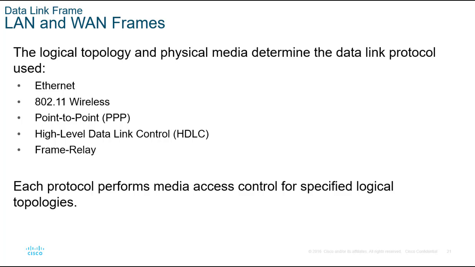The difference in bandwidth is usually what drives the use of different protocols for LANs and WANs. Layer 2 protocols commonly found in LANs are Ethernet and 802.11 wireless, while common data link Layer 2 protocols found in WANs are point-to-point protocol, high-level data link control, HDLC, and frame relay.